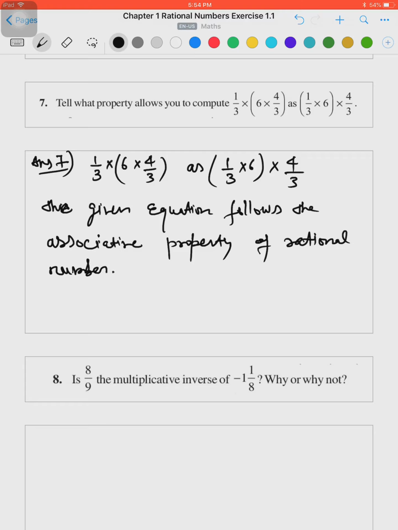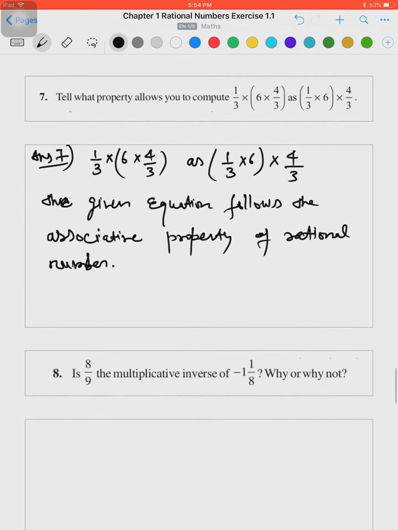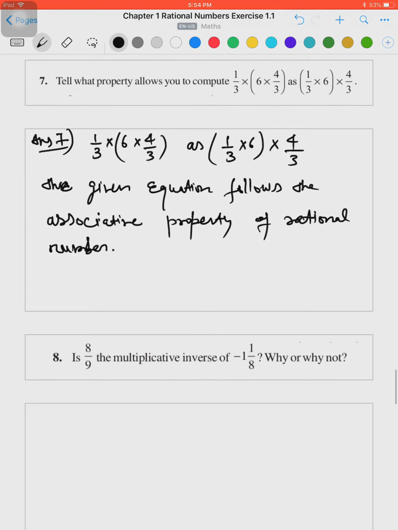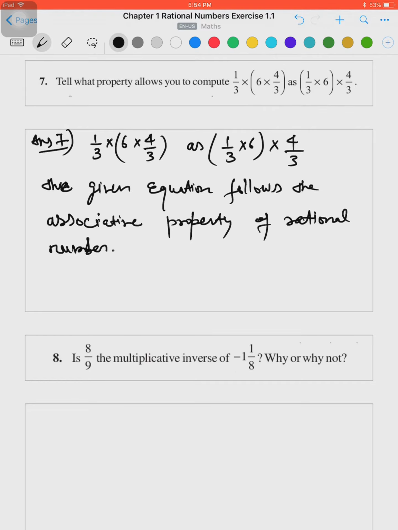Okay, the associative property is what is used here. If you remember the properties that we discussed in the previous class, then you won't have any difficulty identifying the property. If you haven't, you have to watch session number 1 first, only then you will understand this better. In session number 1 I have explained all the properties, so watch that video once more if you find difficulty understanding the properties.